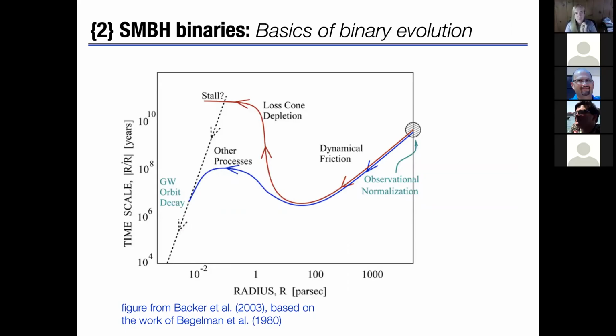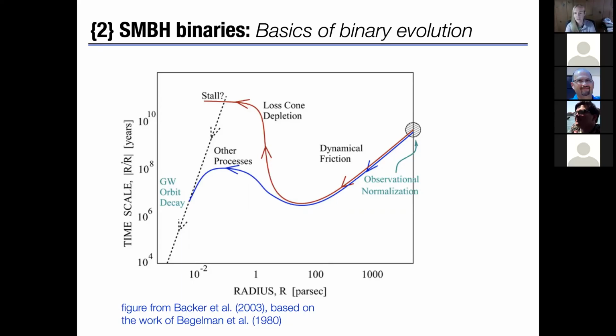So this is showing you the timescale that binaries would spend at different separations from kiloparsec scale galaxy mergers on the right down to coalescence at the left. And the idea here is that you need some mechanism to remove angular momentum from the binary, and that will help it to spiral in, and the black holes will get closer together and it will move from right to left on this diagram. And the different mechanisms will describe how it moves on this diagram.